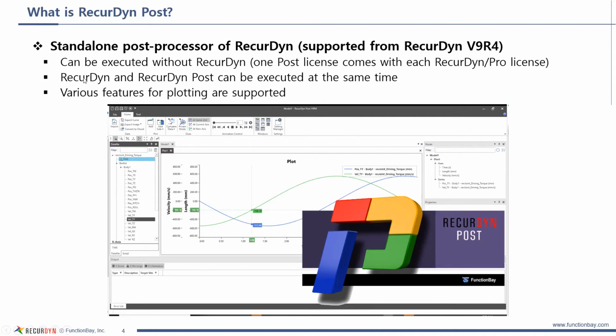RecurDyn and RecurDyn Post can be executed at the same time, so you can view the screens simultaneously if you have multiple monitors. And various features for plotting are supported.